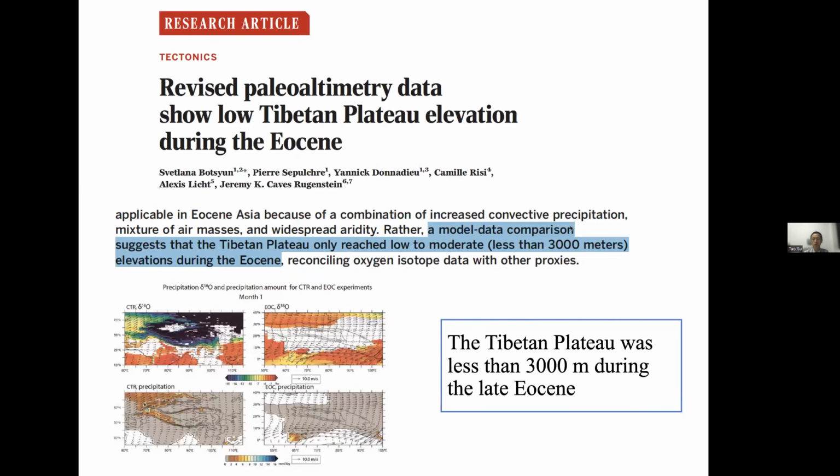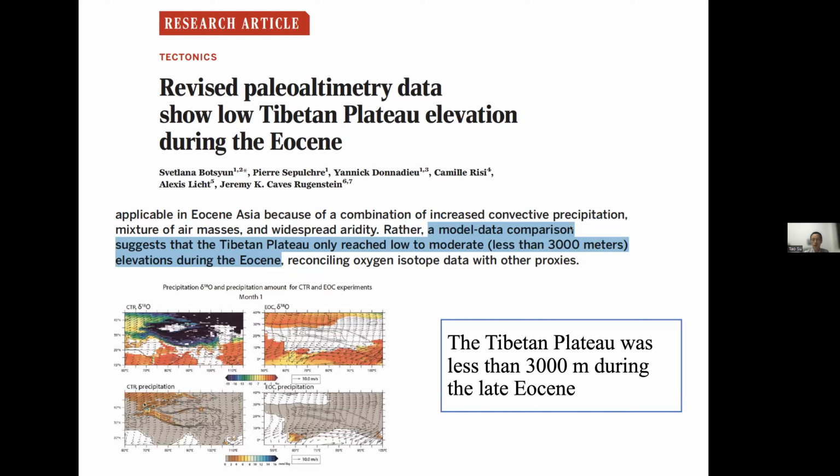But some other colleagues proposed different ideas. Some colleagues used modeling and proposed that the Tibetan plateau was less than 3,000 meters during the late Eocene. So it's quite different. They got a quite different result. Why do they have different conclusions?